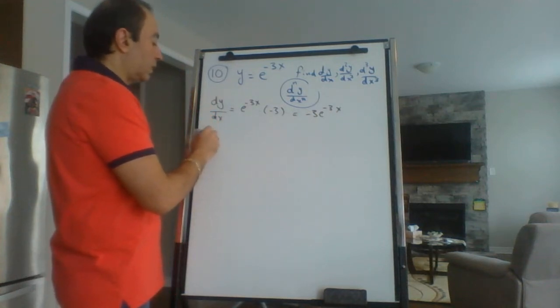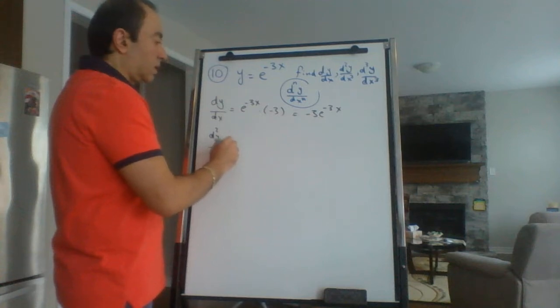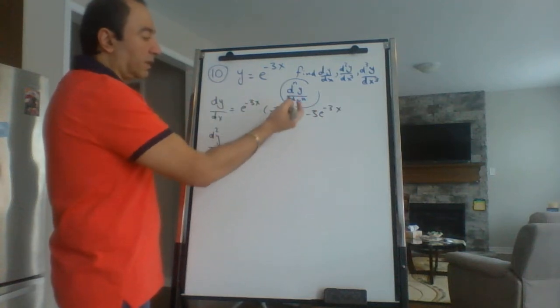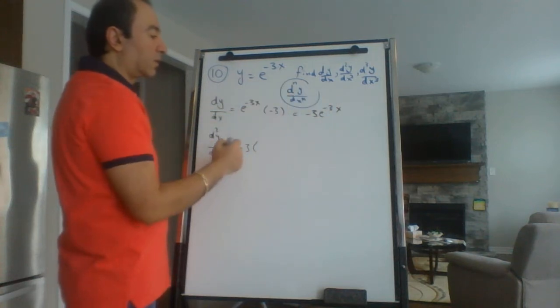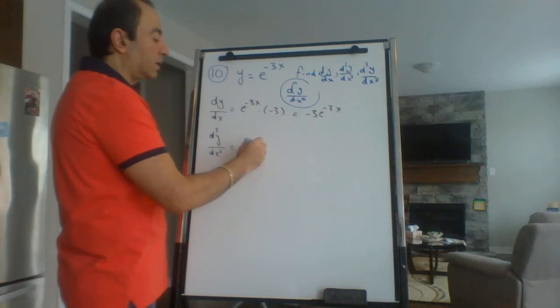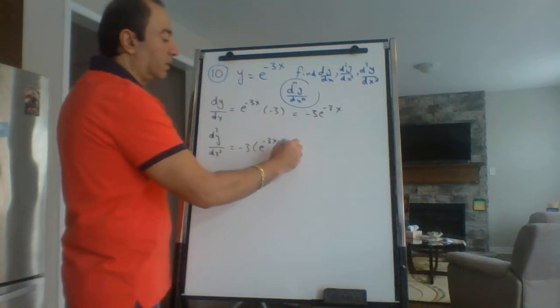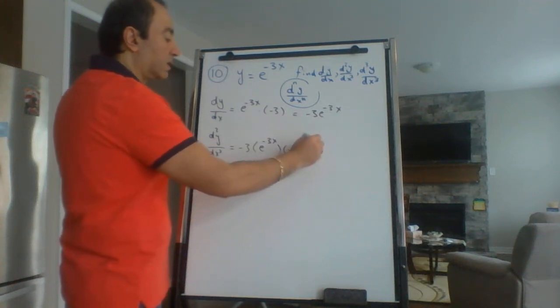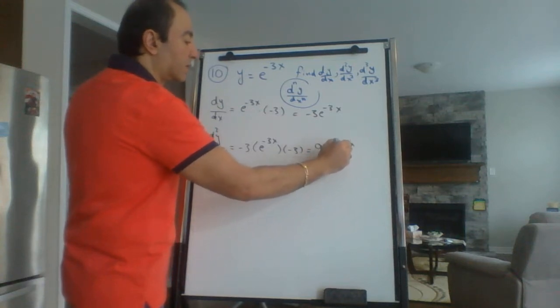Now, if we want to find the second derivative, the negative 3 is constant, so it is multiplied with the derivative of e to the power of negative 3x, which is the same thing we get here, e to the power of negative 3x times negative 3, and this can be written as 9 times e to the power of negative 3x.